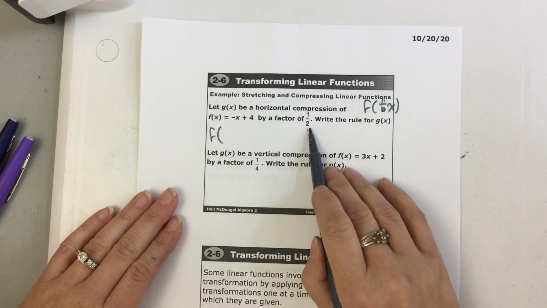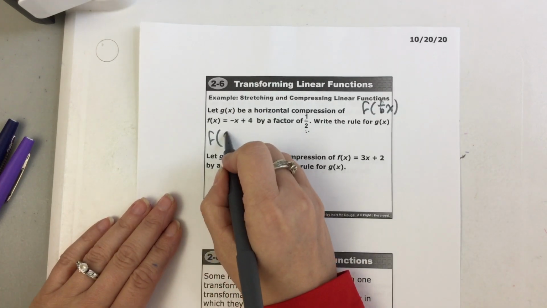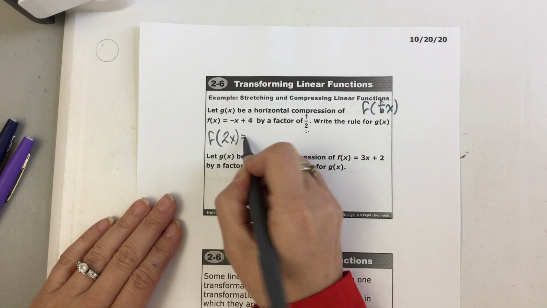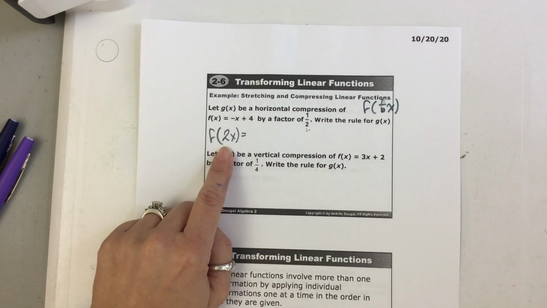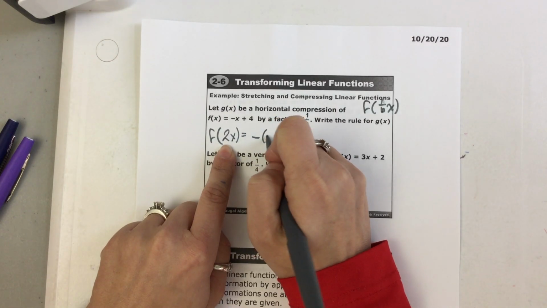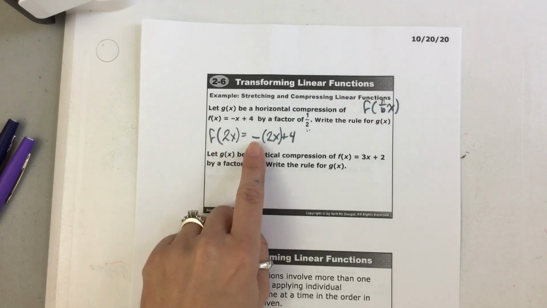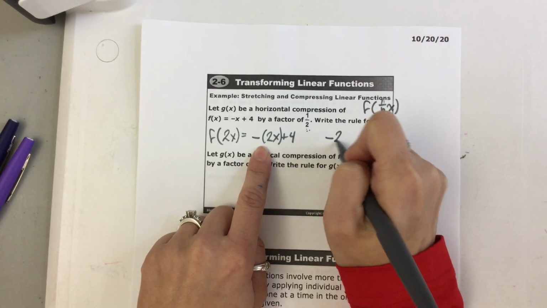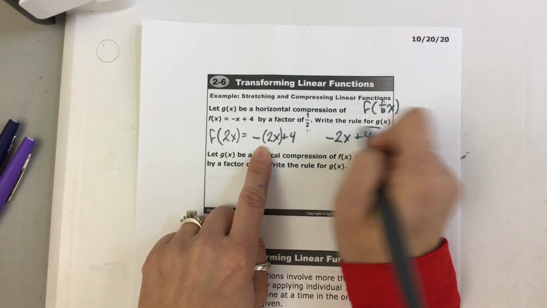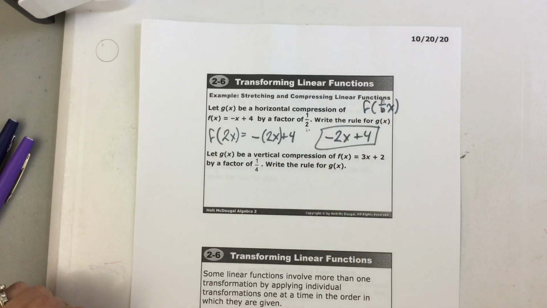The scale factor is 1 over 2, so if I flip it, it's 2x. Any x's in this problem are replaced with whatever is in parentheses. So it's negative 2x plus 4. The negative times 2x would give you negative 2x plus 4, and we're done.